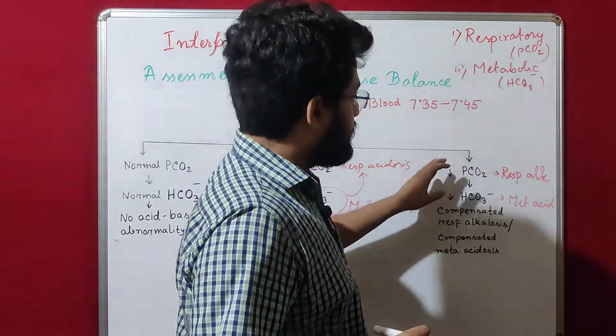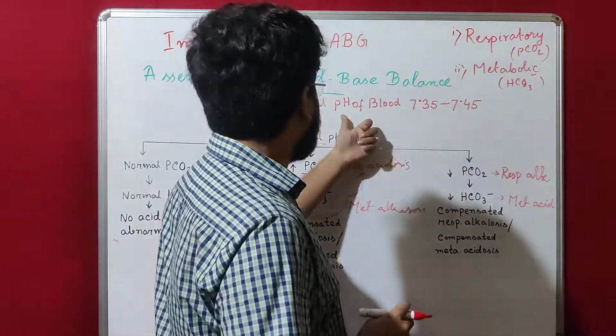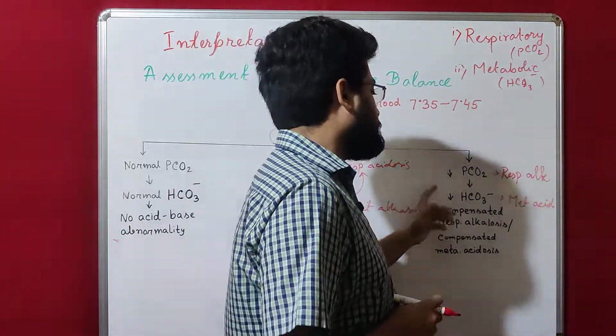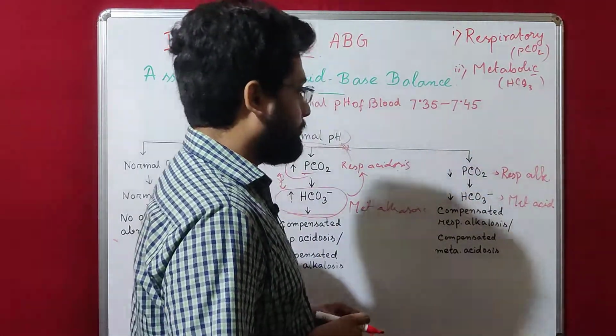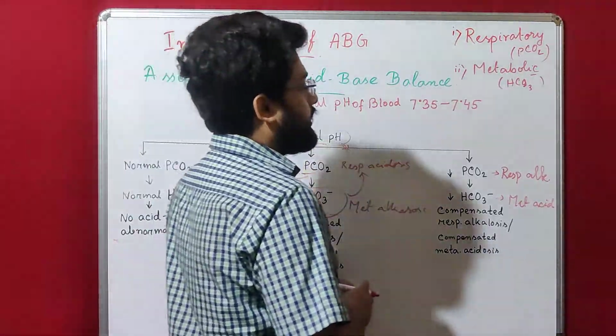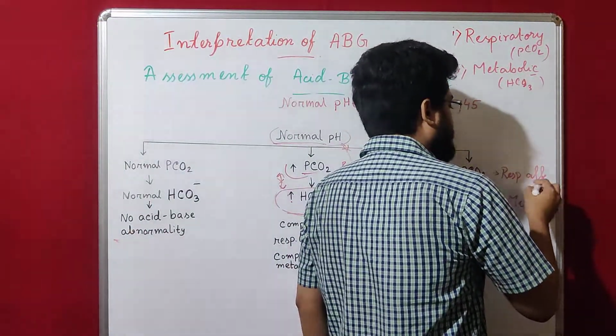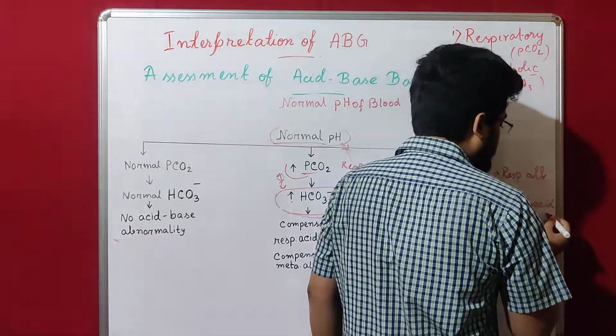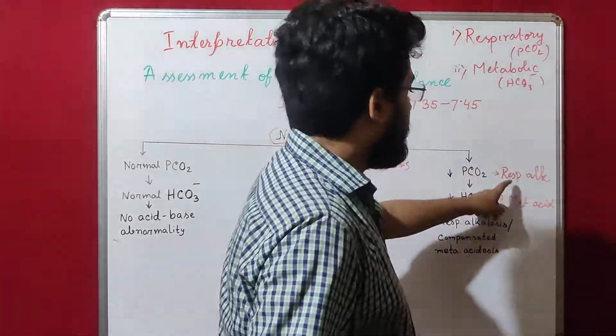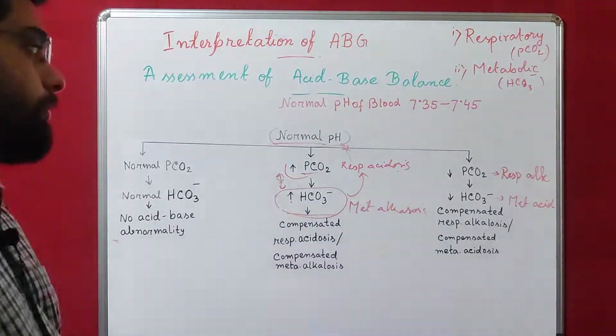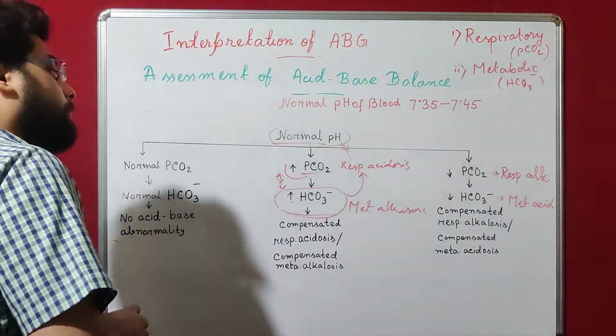So again, with decreased PCO2 and normal pH, the only thing possible is decreased bicarbonate ion. That means there is respiratory alkalosis, there is metabolic acidosis, and both these components are compensating each other.